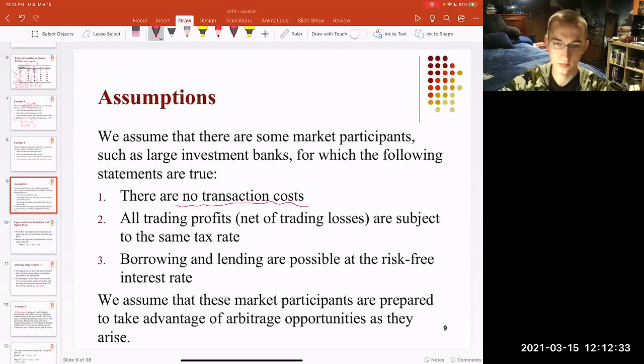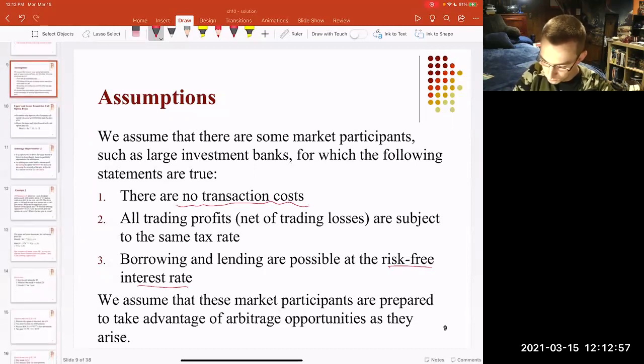Second, all trading profits are subject to the same tax rates. Third, borrowing and lending are possible at the risk-free interest rate. Okay, which is all theory. We assume that these market participants are prepared to take advantage of arbitrage opportunities as they arise. So we're going to talk about arbitrage opportunities.